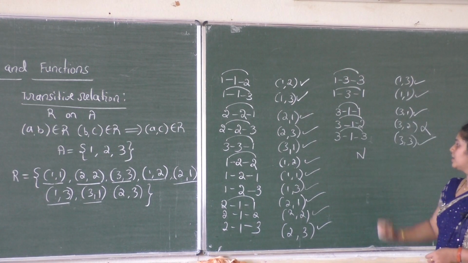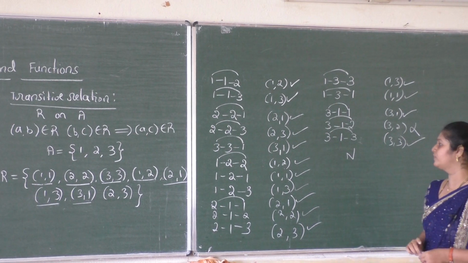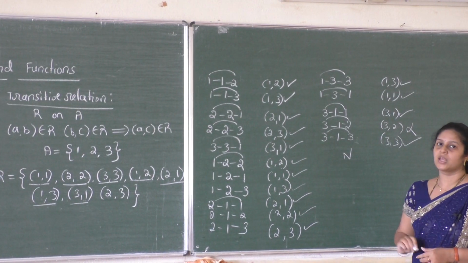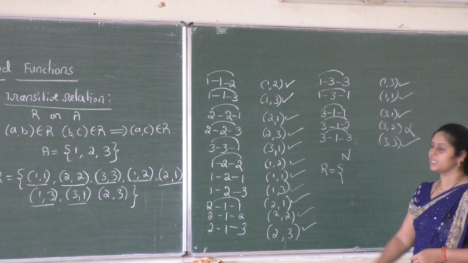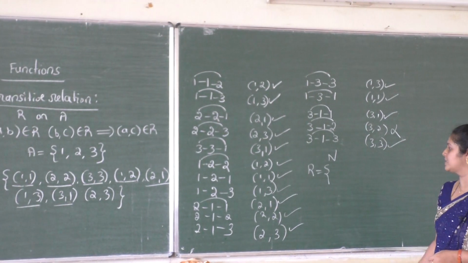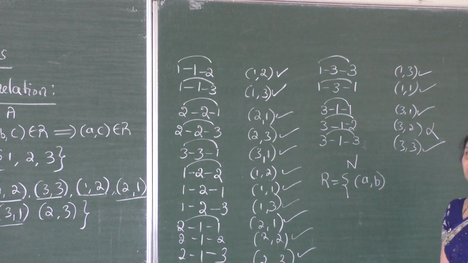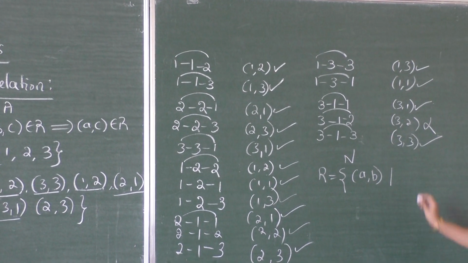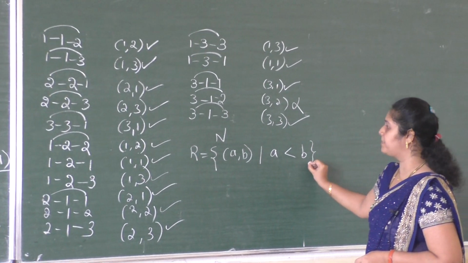Consider the set of natural numbers N. Then the relation R is defined as the ordered pair (a,b) such that a less than b.